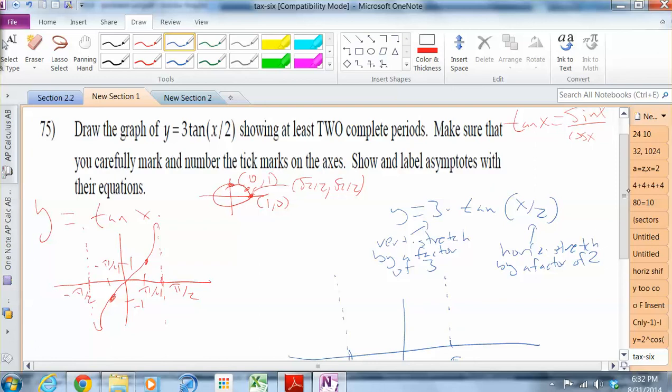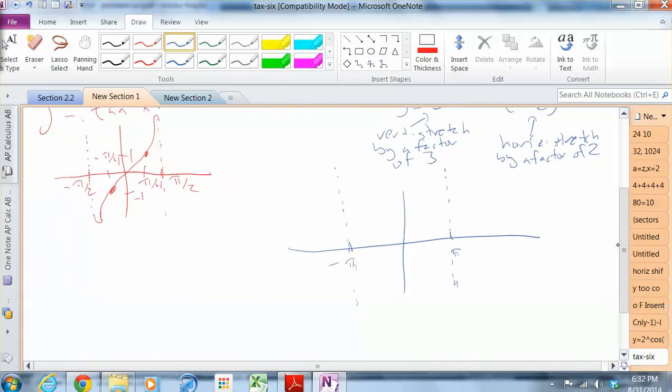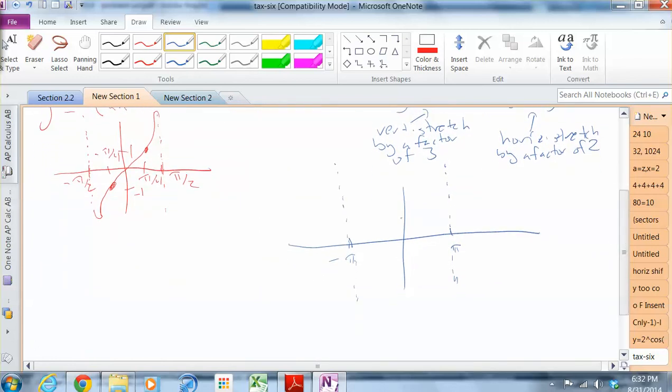And our graph will get stretched by a factor of 3.